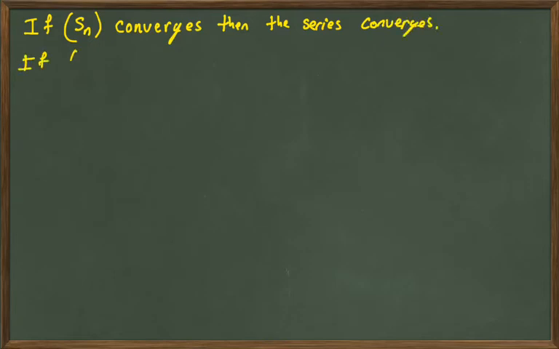But before we get into that, I'm going to talk about convergence. If the partial sum s of n converges, then the infinite series converges. If the limit of the partial sum diverges, then the series diverges.